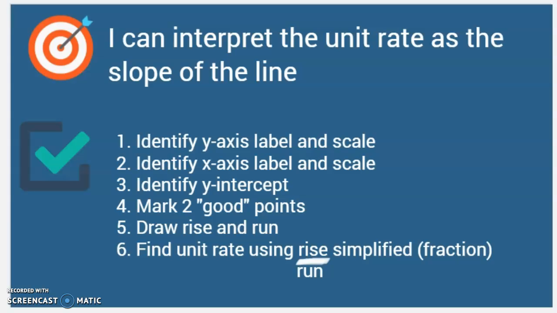Part of the reason why we did that Padlet is to get us thinking about slope and how we have already solved for it, right? How we've already used the rise over run on a graph to help us interpret what our slope is. So we're still using the same checklist.